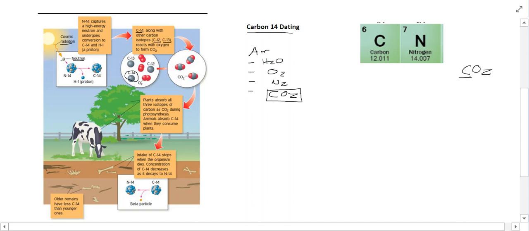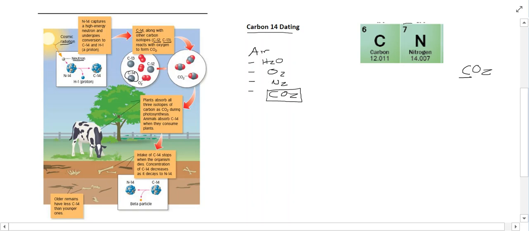And you get these high energy particles like neutrons constantly streaming down from the sun and moving through our atmosphere. They come into contact with everything, but in particular, they come into contact with the nitrogen in the air.